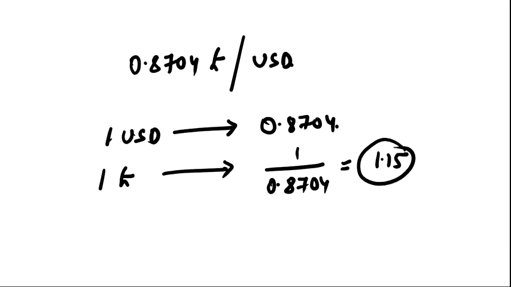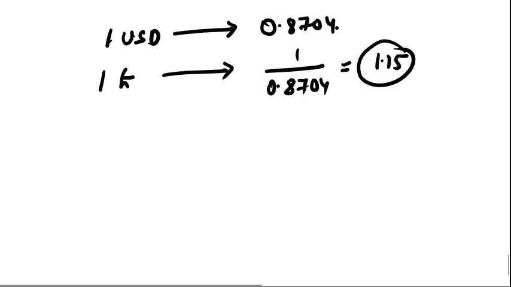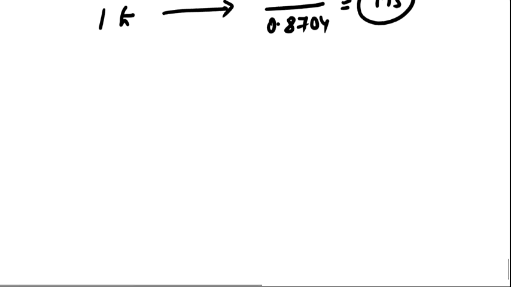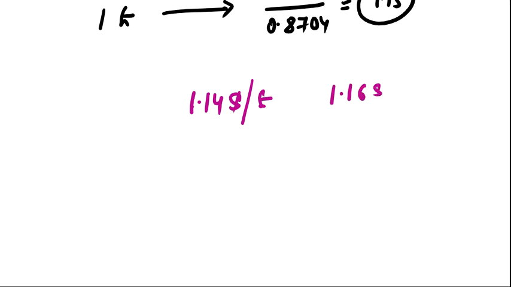Clear? But now if I want to write it in the form of a question. Suppose a dealer is quoting the rates $1.14 per pound and $1.16 per pound. Clear?